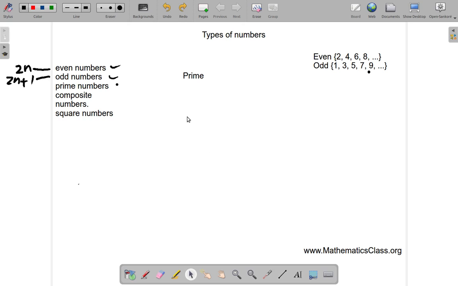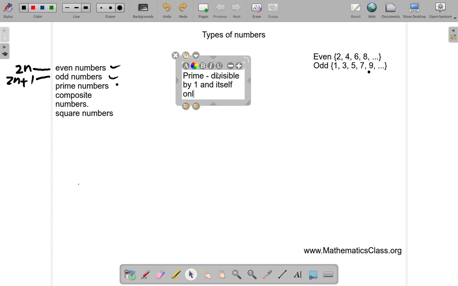Those are prime numbers. So, with the prime number, one way to say what it is, is that it is divisible by 1 and itself only.